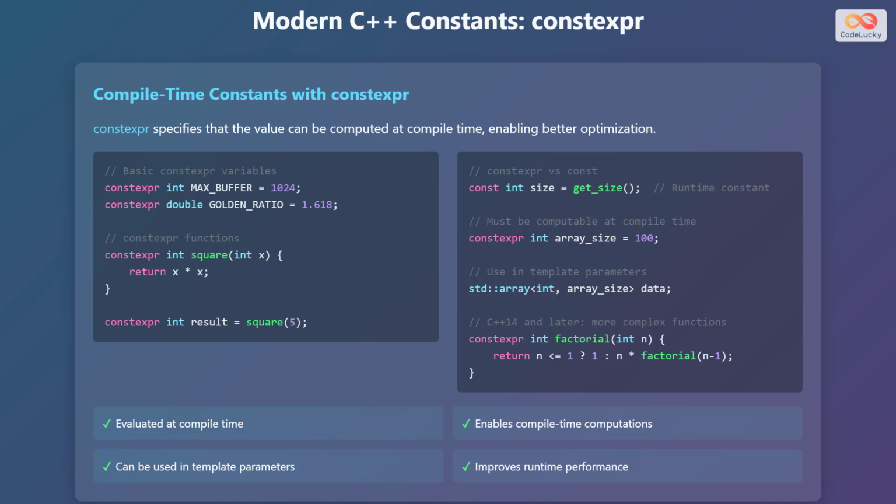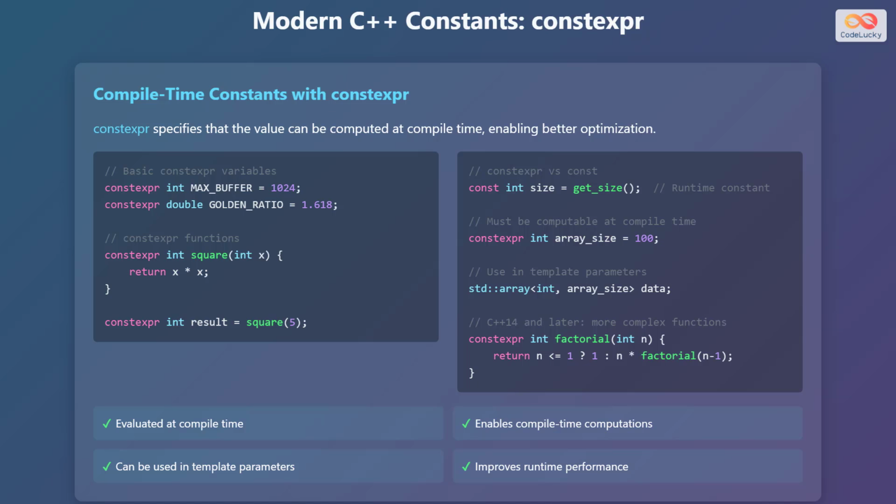Similarly, we can declare a constexpr double golden_ratio and assign it the value 1.618. Constexpr can also be used with functions. For example, we can define a constexpr function square(int x) that returns the square of x. This function can be evaluated at compile time if the input value is known at compile time.